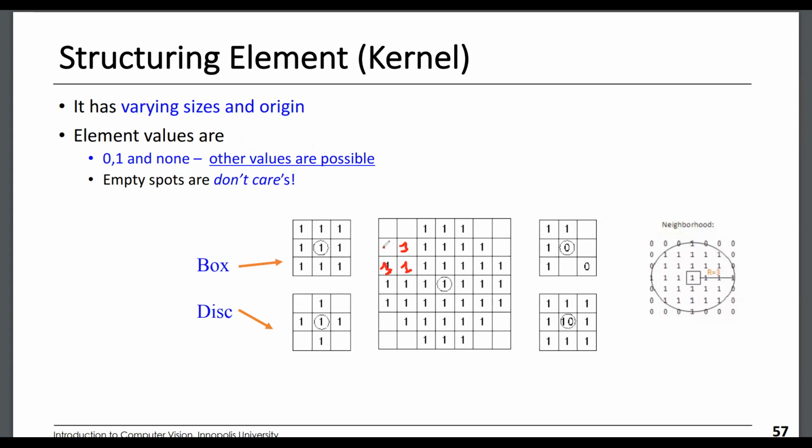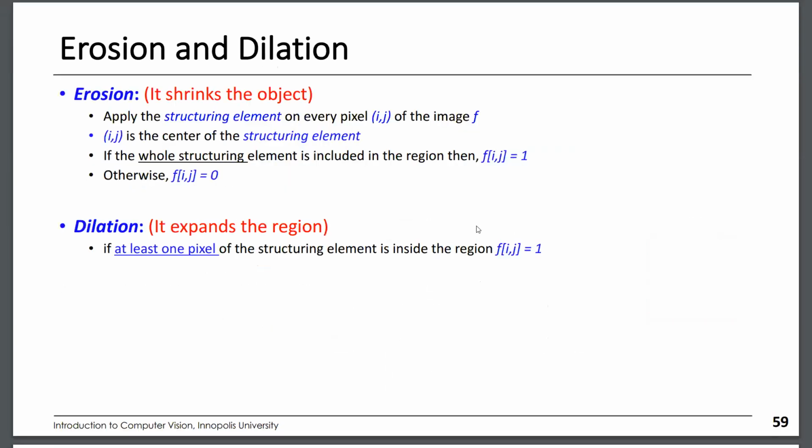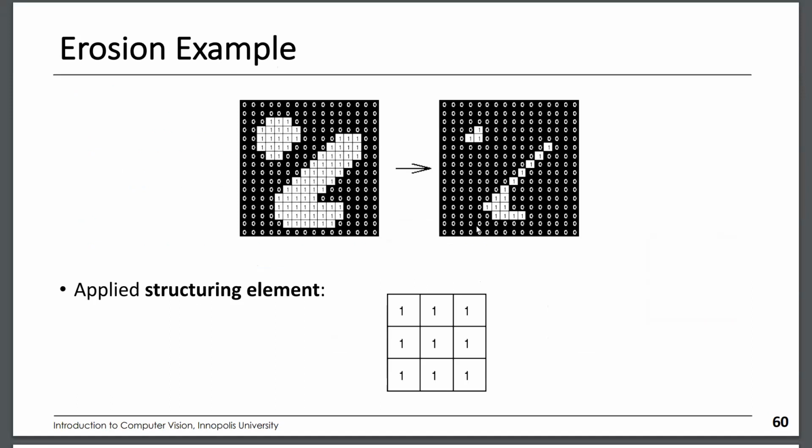We said that we will set 1 if at least 1 pixel is shared between the structuring element and the image. And in this case, we have 3 of them. So we put 1 here. In this case, we also put 1, right? We put 1 everywhere. And this makes our object much bigger, so we're kind of expanding our object.